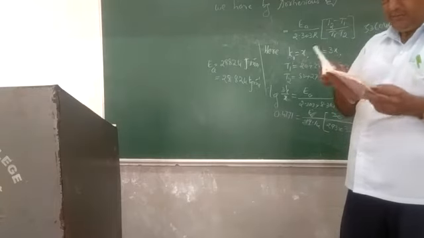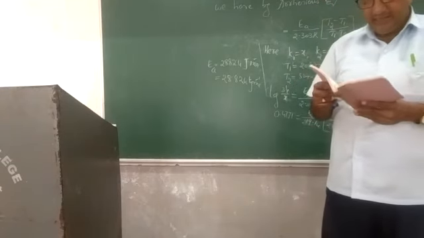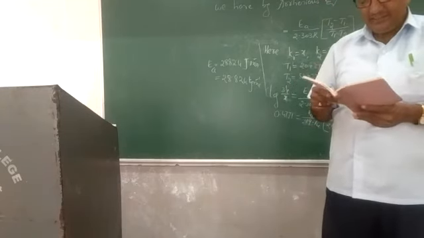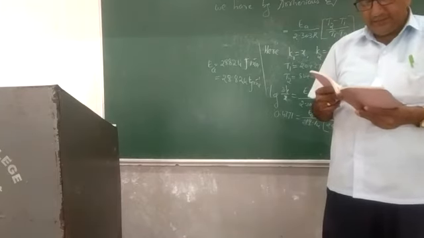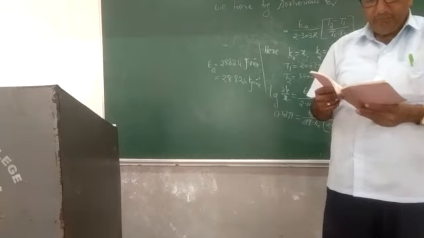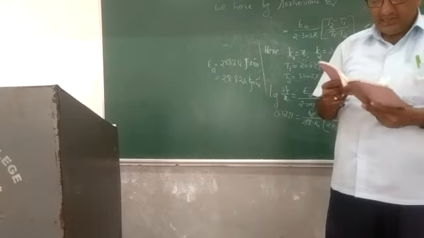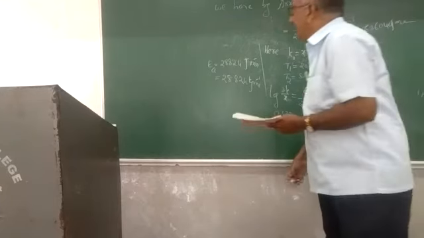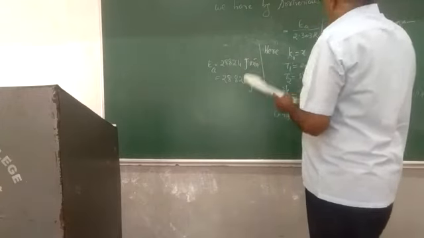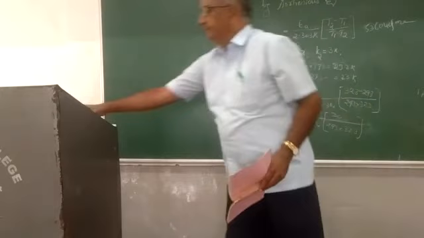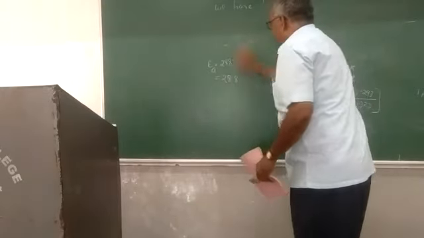Then another example for homework under first order reactions. This is asked in various annual exams. A first order reaction takes 5 seconds for 20% completion. Calculate the time required for 60% completion of the reaction. Asked in March 2010. So how to solve? I already solved such types of examples.